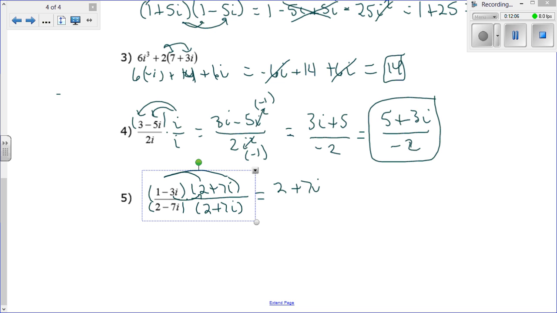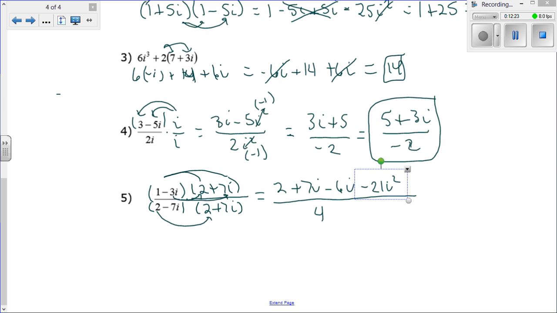Negative 3i times 2 is negative 6i. And then negative 3i times 7i is negative 21i squared. All over 2 times 2 is 4. My middle terms are going to cancel out. So I will get negative 7i times positive 7i, which is negative 49i squared. i squared is always negative 1.